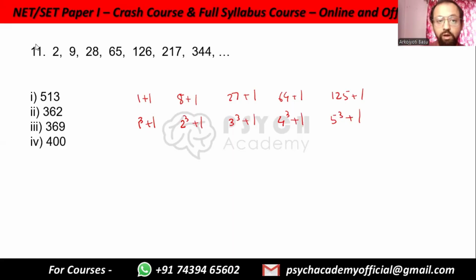So it is cube series plus 1. So this is 1 cube plus 1, 2 cube plus 1, 3 cube plus 1, 4 cube plus 1, 5 cube plus 1, 6 cube plus 1, 7 cube plus 1. This would be 8 cube plus 1.